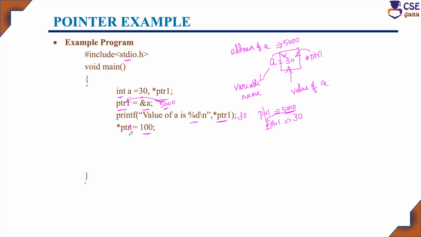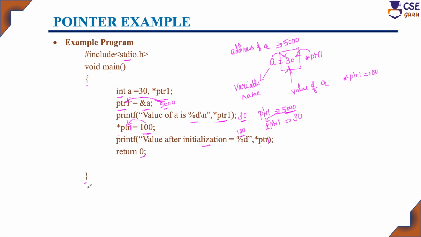Now with *ptr1, I am reinitializing the value to 100, so *ptr1 will be 100. Now if you ask to print the value after reinitialization, *ptr1, it will print 100 only, not 30, because in this step you have reinitialized. Then return 0.